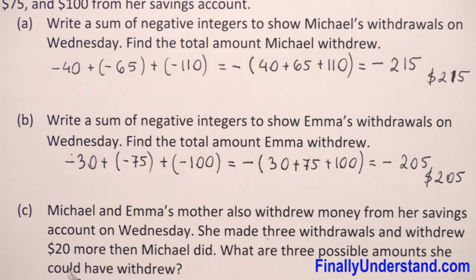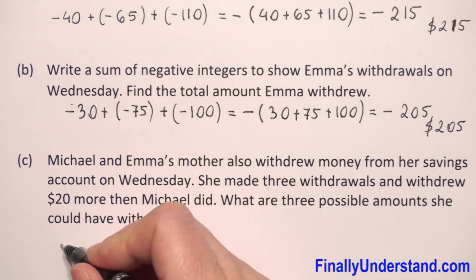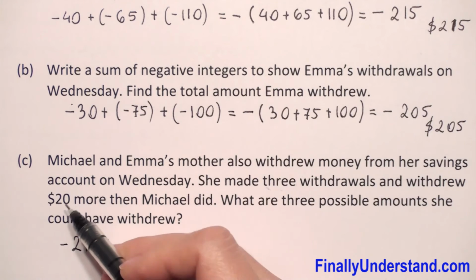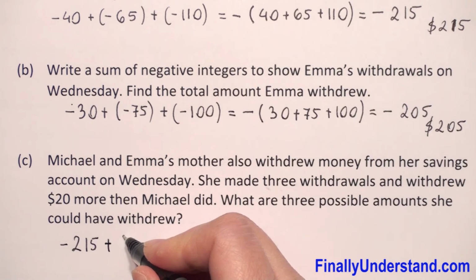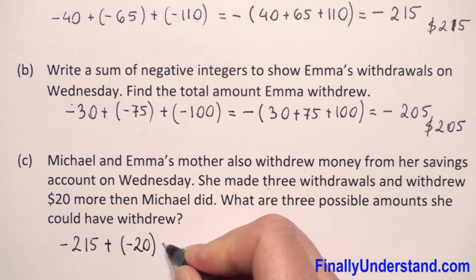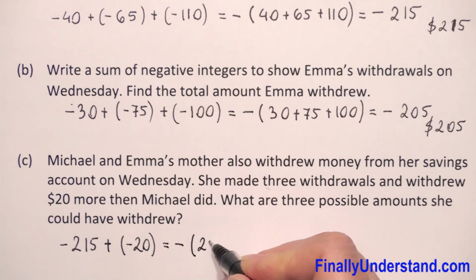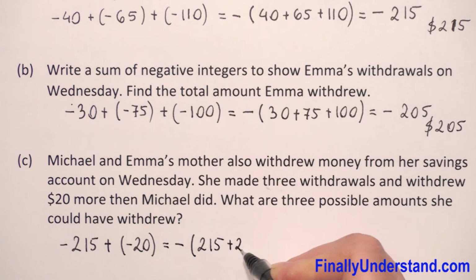$215, because we have that she withdrew 20 more, so we have to add this $20 to this amount. Because this is a withdrawal, we will write negative 215, first integer, plus negative 20. So this is equal to, we have addition of 2 negative integers, so we copy the negative sign and we only add 215 and 20.